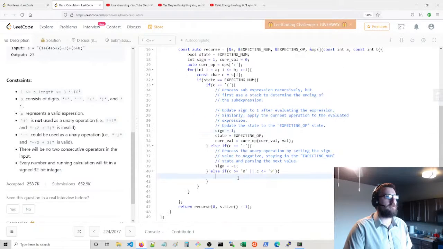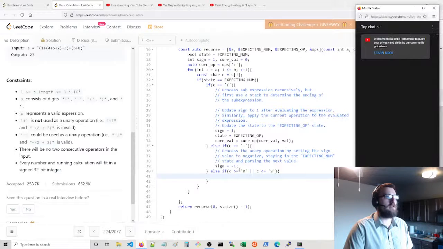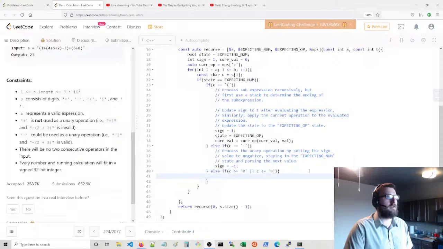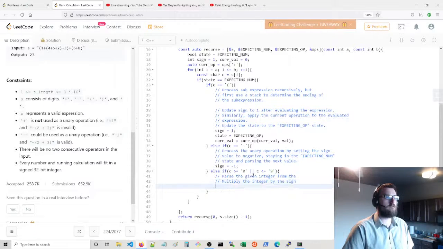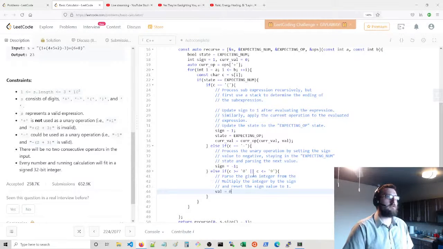So, okay, how are we doing on time? It's taking a while. Okay, so parse the given integer from the string, multiply by the sign, and reset the sign value to 1. So val equals 0, say int val.